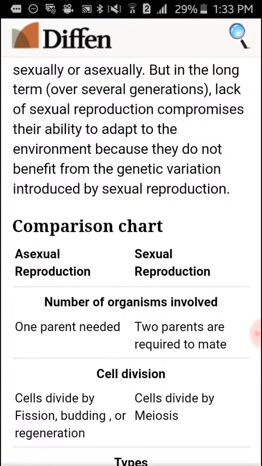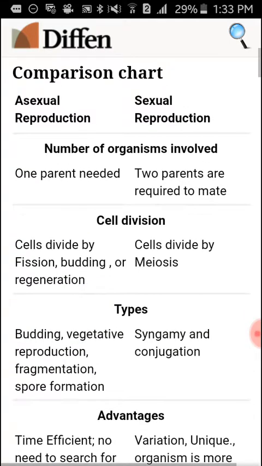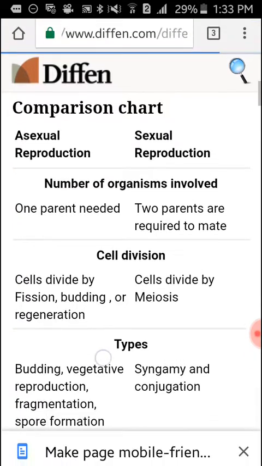We already discovered that. They can reproduce either way, sexually or asexually. But in the long term, over several generations, lack of sexual reproduction compromises their ability to adapt to the environment because they do not benefit from the genetic variation introduced by sexual reproduction. So that in a nutshell tells you why it's kind of like hybrids.